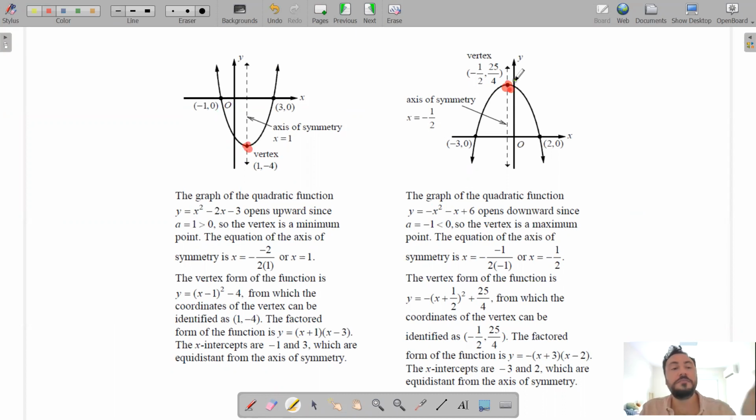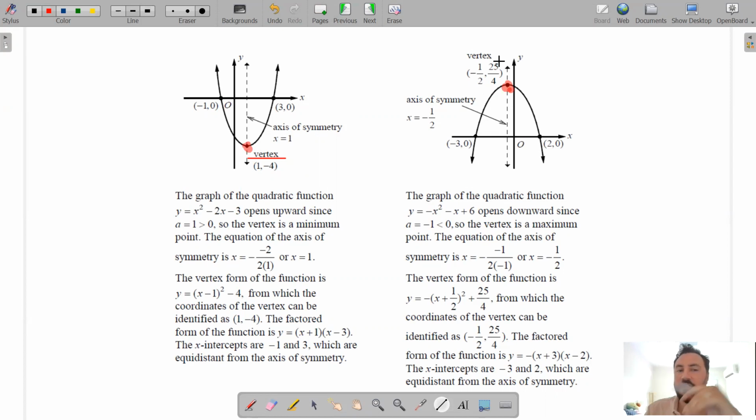That one will be determined by the vertex. The vertex is the point where the parabola reaches its lowest point or its highest point, like in this case.